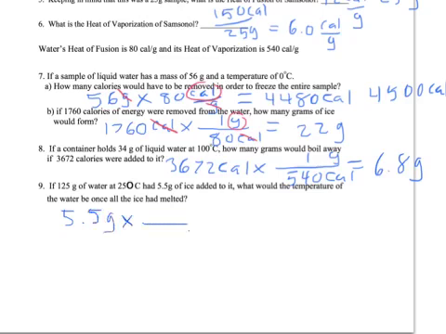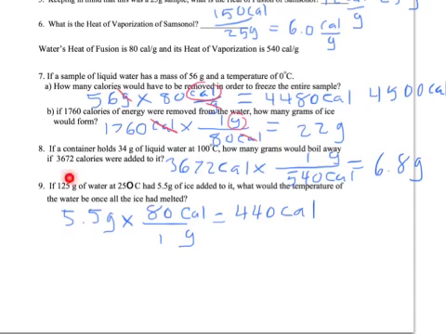I don't want grams, so I put them in the basement. I want calories, so I'm going to put them up above. 1 gram requires 80 calories to melt it, and that gives me 440 calories that are going to have to leave the water in order to melt it. So this much water is going to lose this many calories in order to melt this much ice.